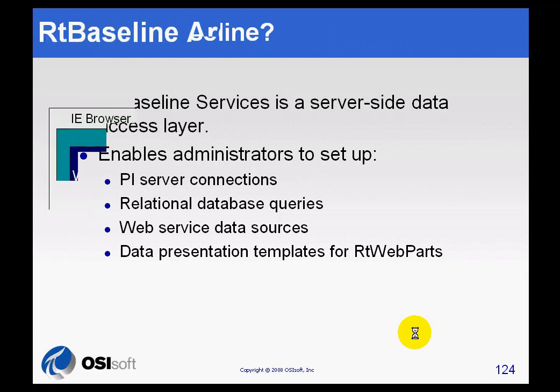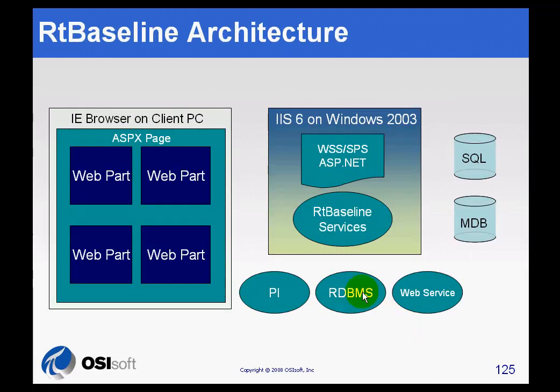So if we look at the architectural diagram, there's two main components that you'll see here. Of course, there's Internet Explorer, which is what hosts the RtWebParts themselves. It's a web browser, of course. And then there's Internet Information Server, that's IIS. That's basically Microsoft's web server software, and that hosts RtBaseline Services.